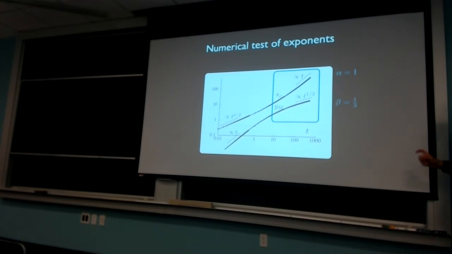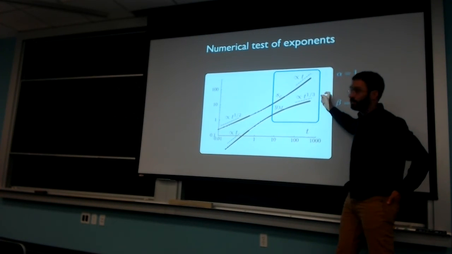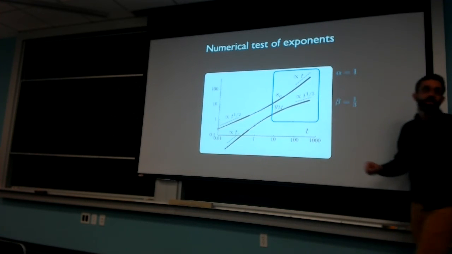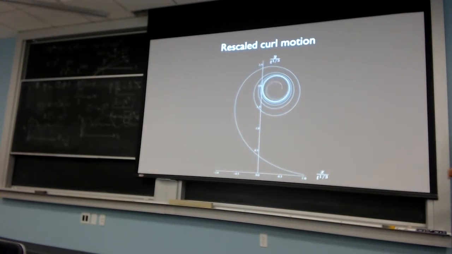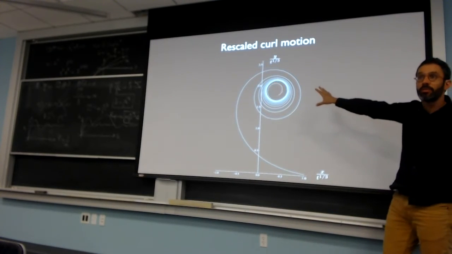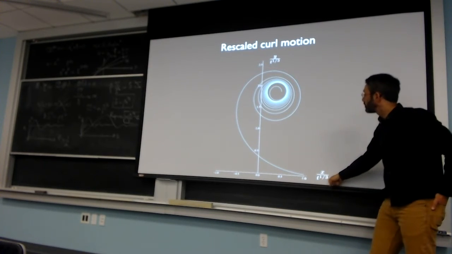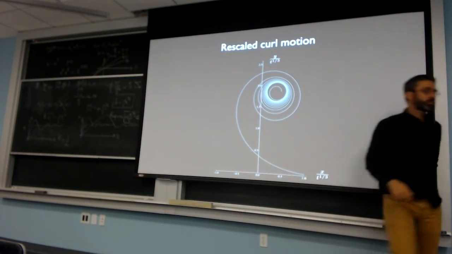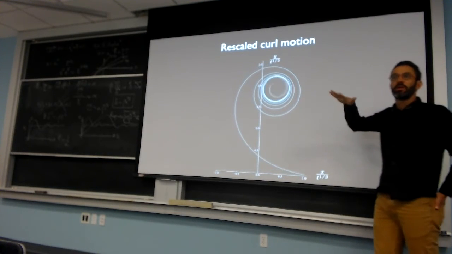You can test this in the numerics, and this works as expected. And again, same story: you're looking for long time behavior. So now you can look at the problem in rescaled variables. We have numerics here. We plot x divided by this cube root of t, y divided by this cube root of t, and this yields a reasonably steady solution.